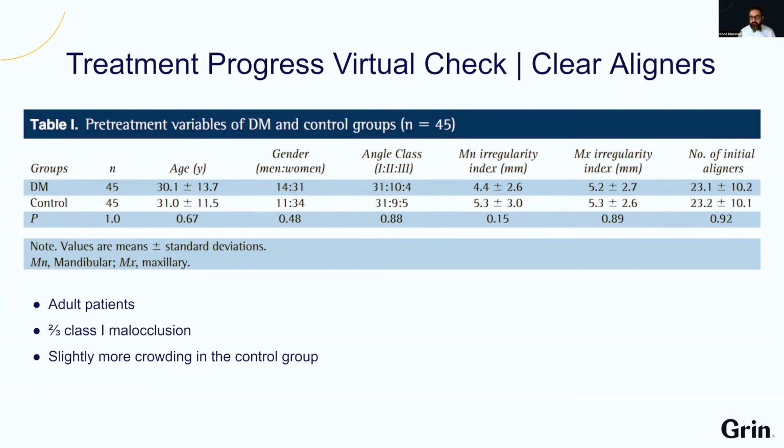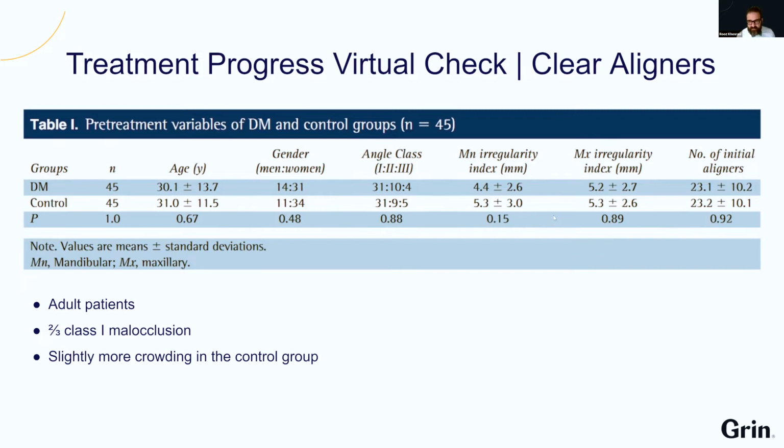So relatively moderate, simple cases that were selected for the study. And then when you look at the other data that they presented, the irregularity index, Little's index, there's a little bit more in the control compared to the group that had the remote monitoring.